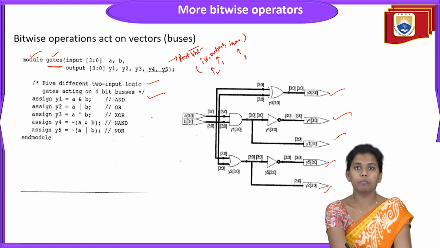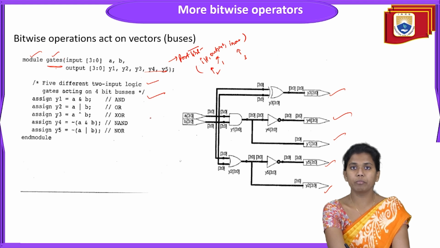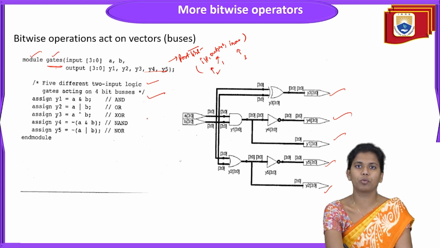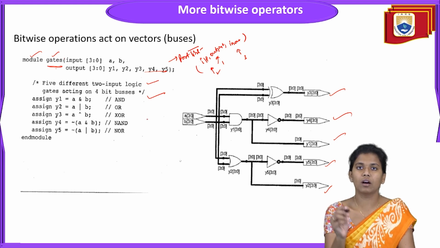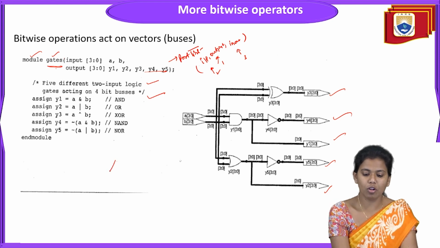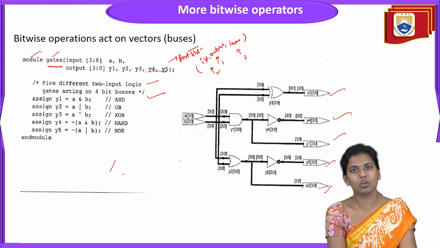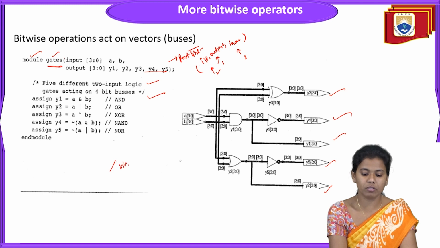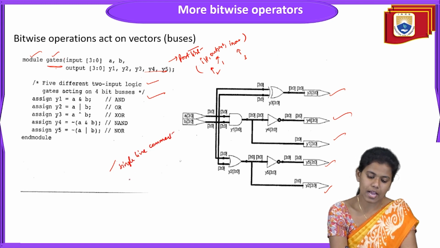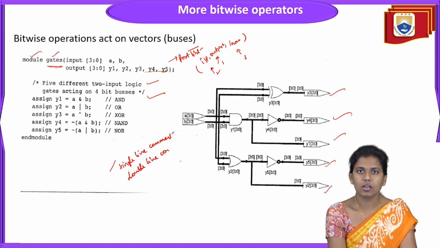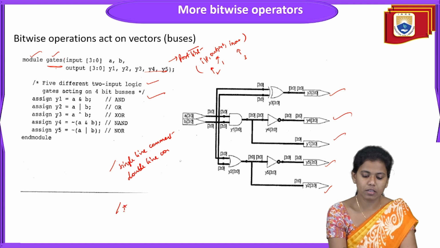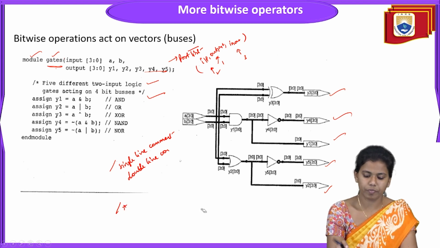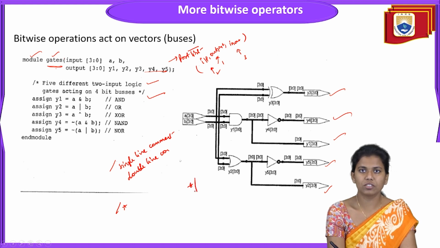Here is the comment, and also remember this: when you are writing a syntax or a program, always remember to write the comments. You all know, we have already discussed the single line comment and the double line comment. The single line comment starts with slash and star and ends with star and slash.